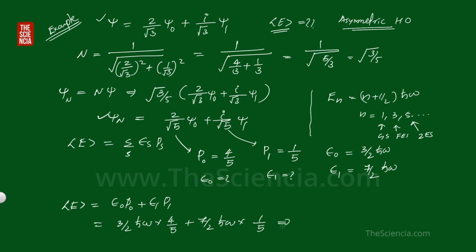That is equal to 12 by 10 h cross omega plus 7 by 10 h cross omega, that is equal to 19 by 10 h cross omega. That will be the average value of energy.